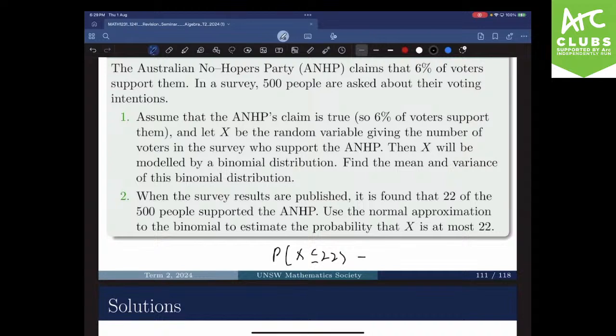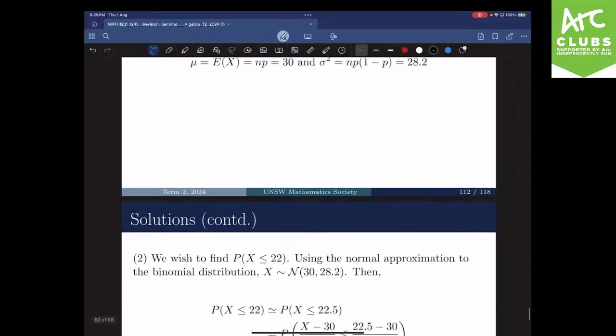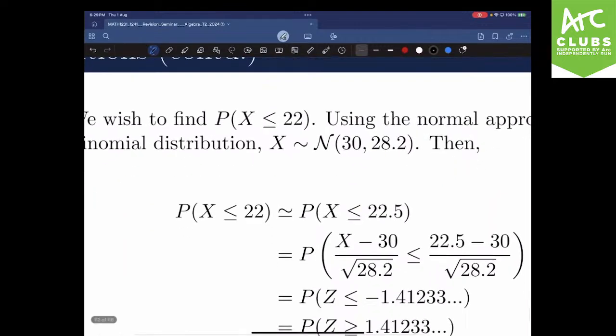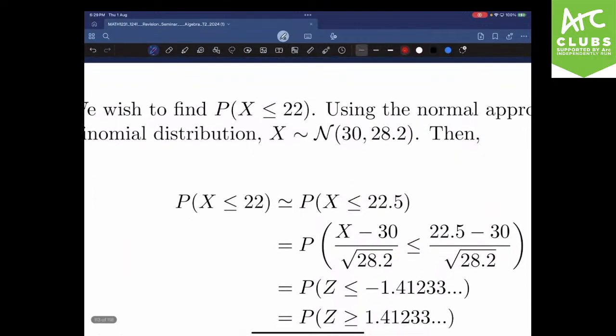After applying the continuity correction, this is equivalent to the probability of x being less than or equal to 22.5. And we'll see in the solutions here that essentially after the continuity correction, we go from here to here.